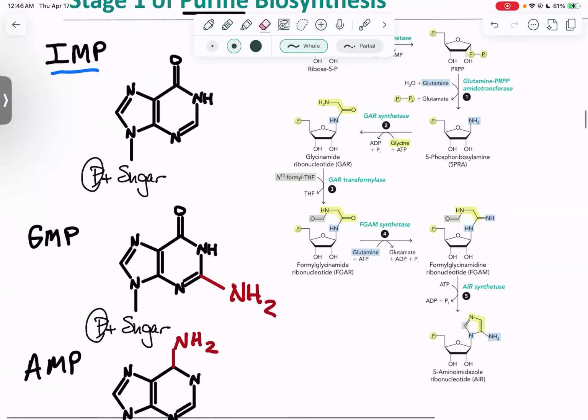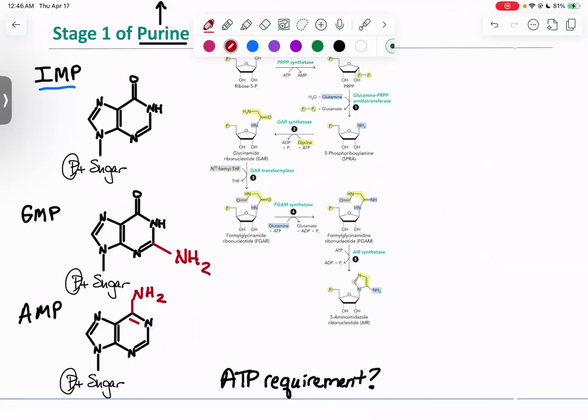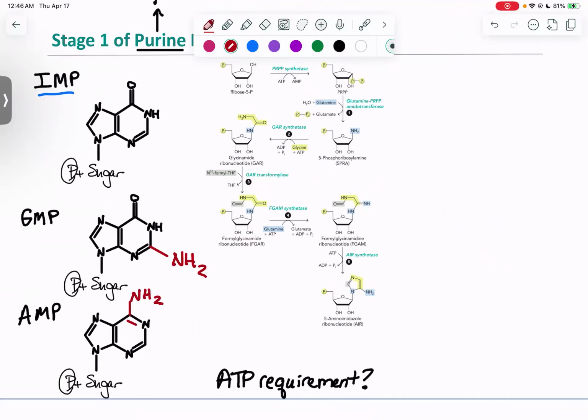Yep, we're going to lose that hydrogen. And then we're going to gain a double bond there. And what else do we have to change? That's about it, right? So do we have a whole lot of differences between our IMP, GMP, AMP? Not too much, right? Not too much at all.